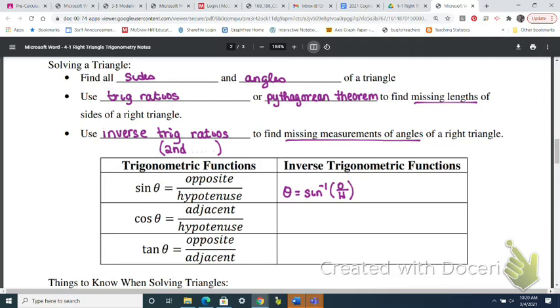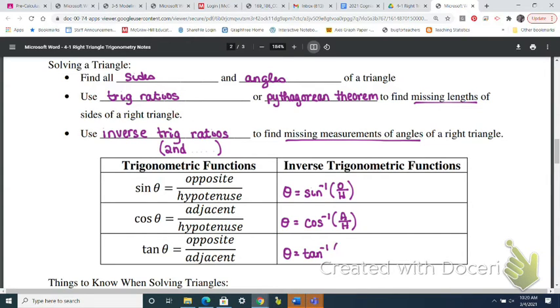Okay, so in my calculator, I'd hit second sine. If you're using Desmos, find the one that says sine to the -1. Same with cosine. So it would be cosine to the -1. And tangent would be tan to the -1.